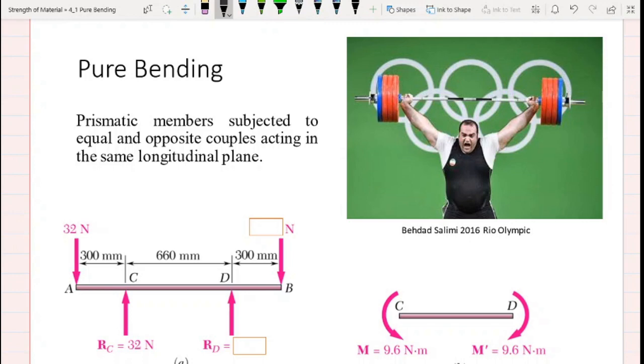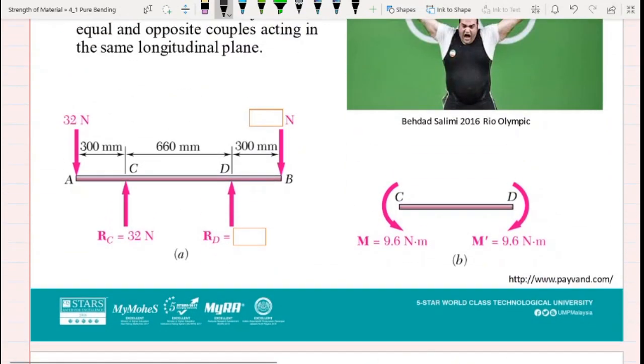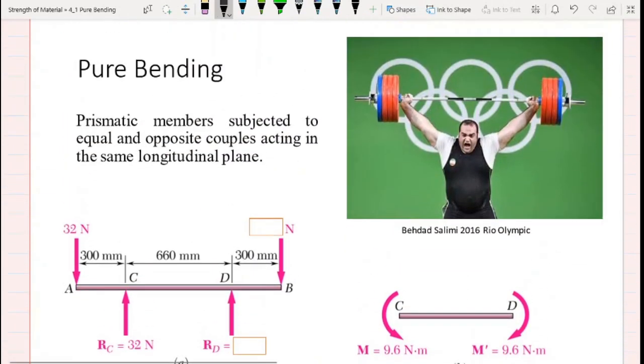The members are assumed to possess a plane of symmetry with the couple M and M prime acting in that plane. An example of pure bending is provided by the bar of a typical barbell as it is held overhead by a weightlifter as shown in this figure.